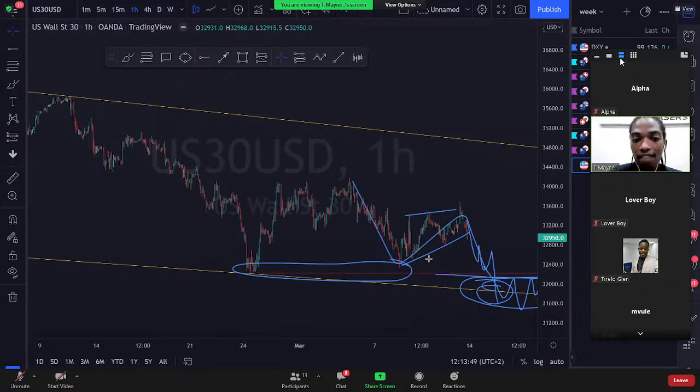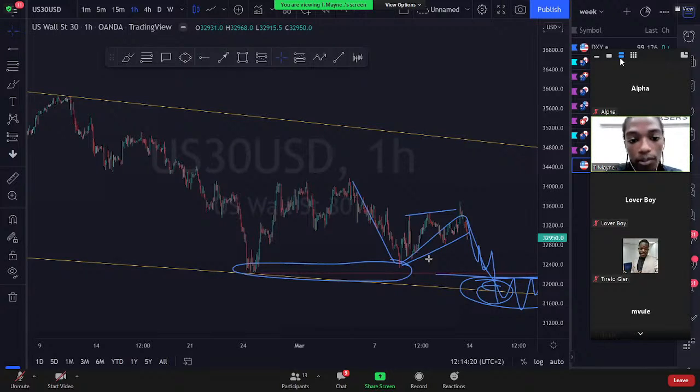Obviously, these pairs have different degrees of correlation to the DXY. Euro USD has the highest correlation to the DXY, followed by maybe GBP USD, followed by maybe AUD USD, followed by maybe USD CAD. USD CAD, USD CHF, and USD JPY are positively correlated to the DXY.